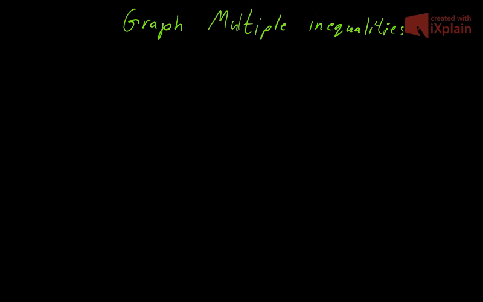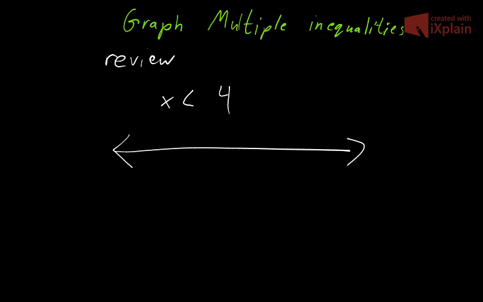So looking at this, we're going to review just for graphing one. If I have something that says x is less than 4, what I would want to do is draw my number line here, make sure I have 4 on it, and draw an open circle here.